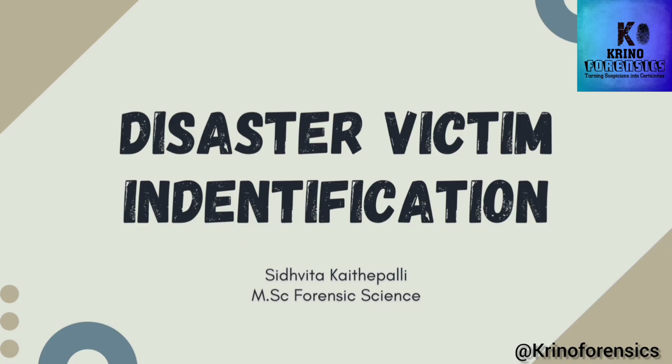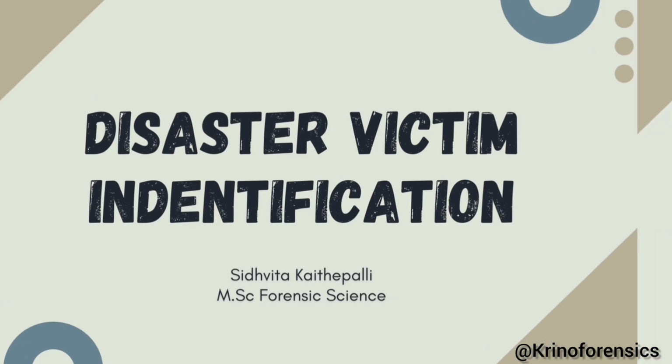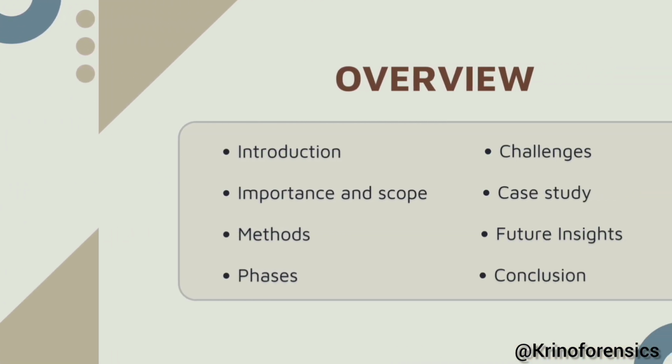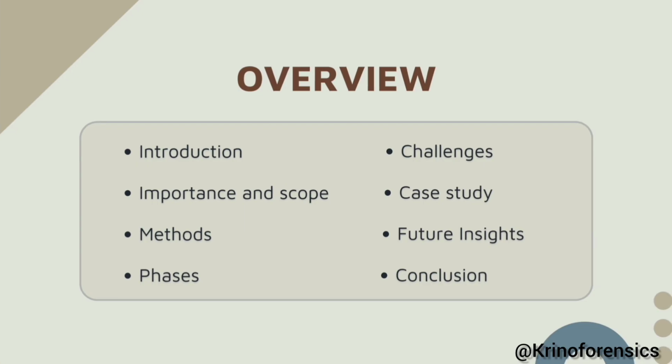Let's delve into the topic of how forensic science plays a vital role in identifying victims of mass disasters. In this topic, we are going to explore a brief overview of disaster victim identification and its relevance in forensic science, its importance and scope, understanding why disaster victim identification is crucial, and highlighting the methods used in the process.